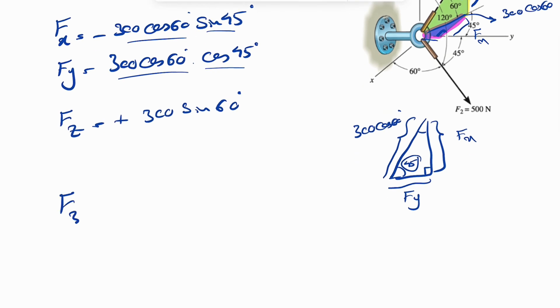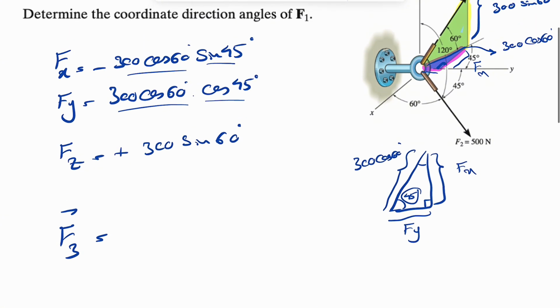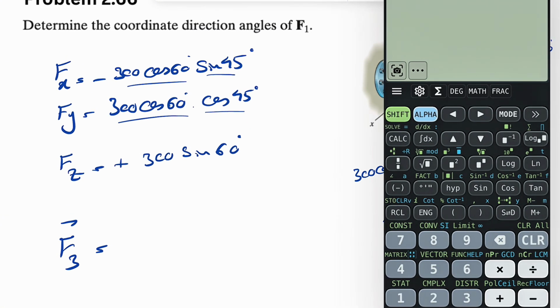If you want to show F1 in vector form, we just have to calculate each of these. Let's start with the x: 300 cosine of 60 times sine of 45. That's going to be around 106.1. That's going to be the i component.